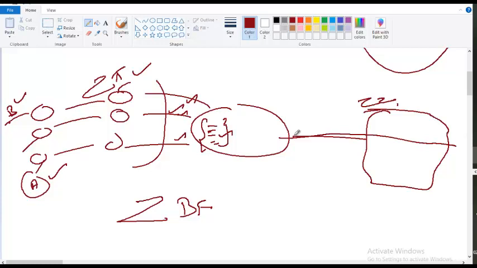They could have avoided buying an ASA firewall just to do those functions. But because they are not aware of this feature called zone-based firewall, they end up buying such boxes.